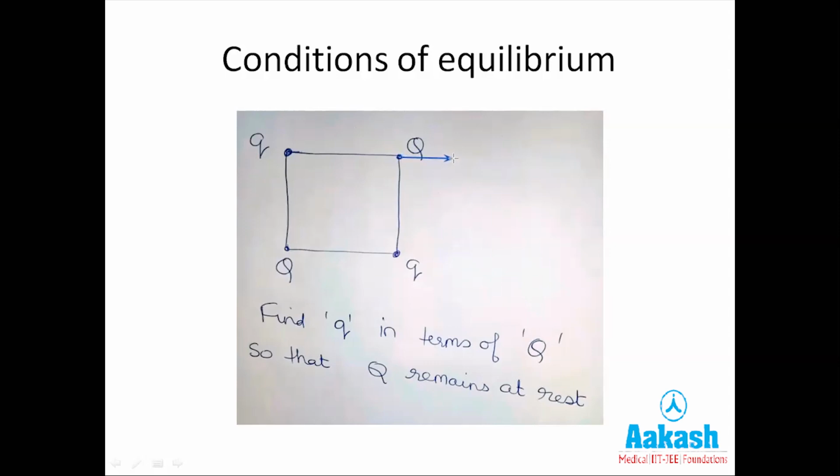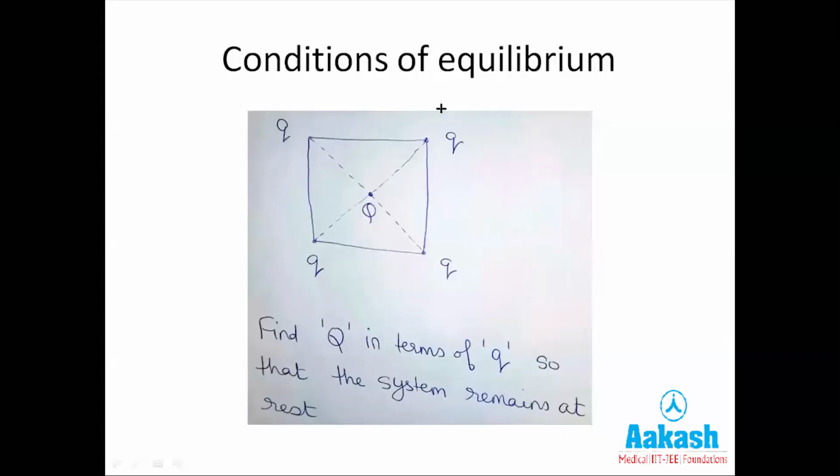Since I have taken all as positive, we just find this force. Then on this capital Q, this small q also exerts a repulsive force. And the capital Q on the diagonally opposite side also exerts a force. So we calculate the resultant of all these three forces and put it equal to 0, and we will get small q in terms of capital Q.